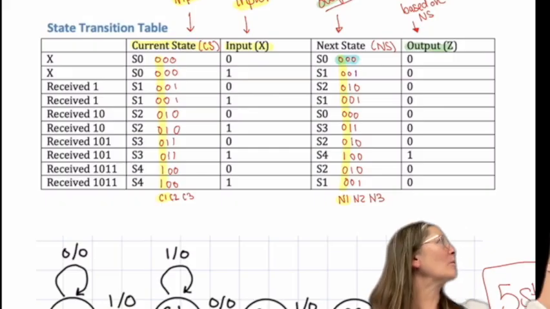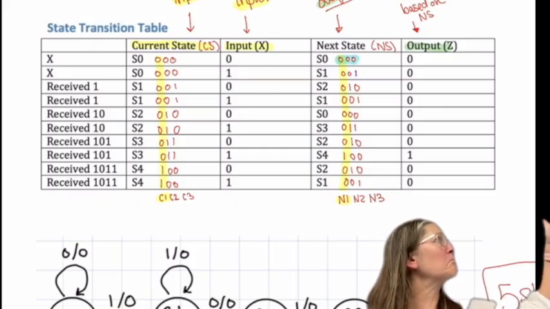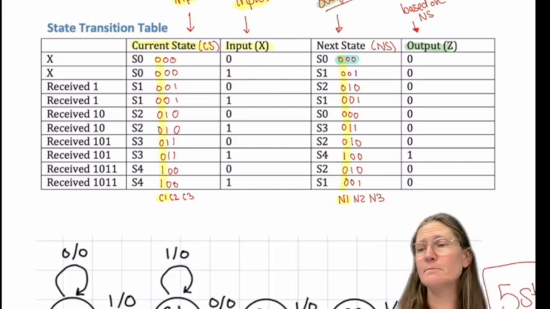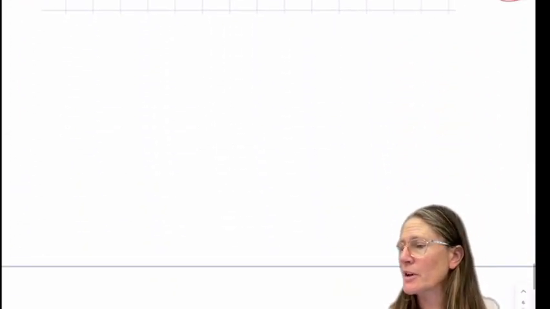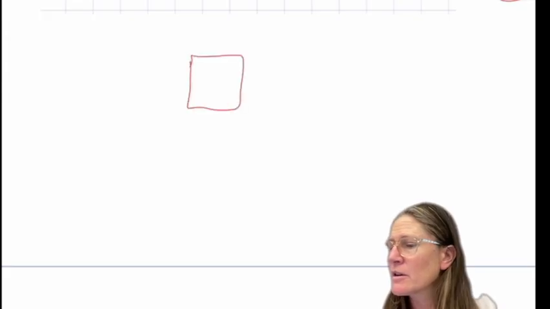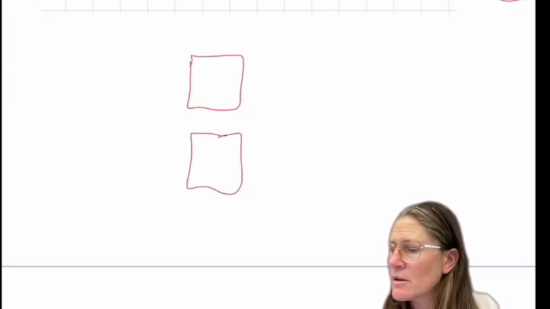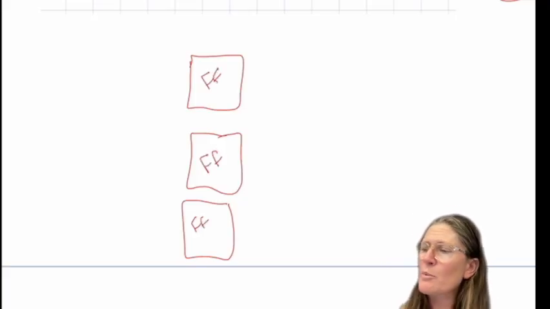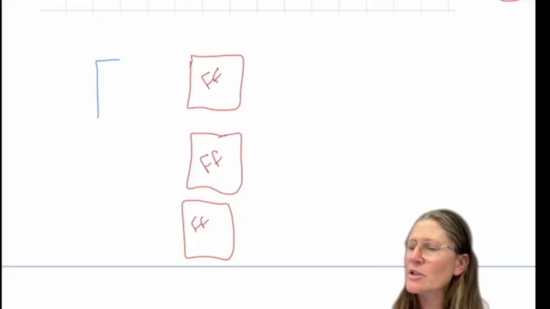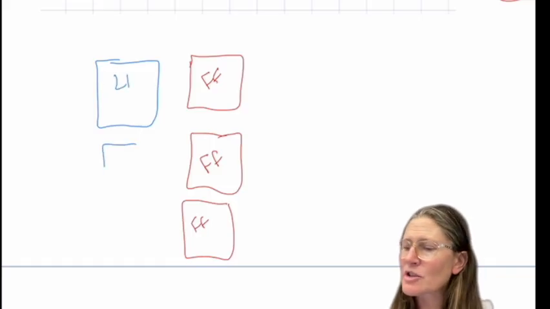Then I need to know how do I get from current state to next state? So I know I'm going to use those flip-flops in there. And how the flip-flop works is that I'm going to have my digital logic. I'll call it logic 1, logic 2, and logic 3.